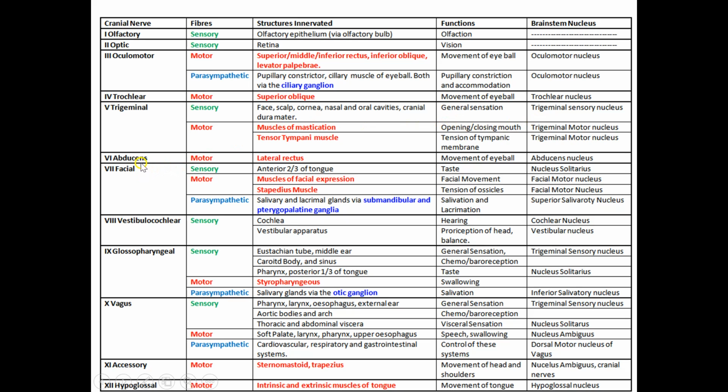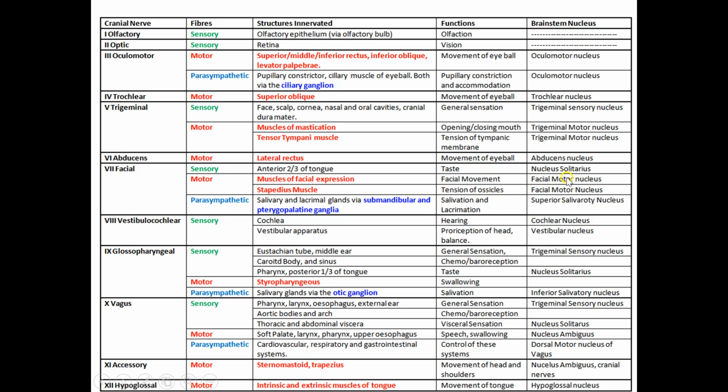Then coming to the seventh facial nerve, which is again a mixed motor and sensory nerve along with parasympathetic components. Sensory is only the anterior two-thirds of the tongue, associated with taste, nucleus solitarius in the brainstem. Muscles of facial expression are the motor component, along with the stapedius muscle, which tensions the ossicles of the middle ear.